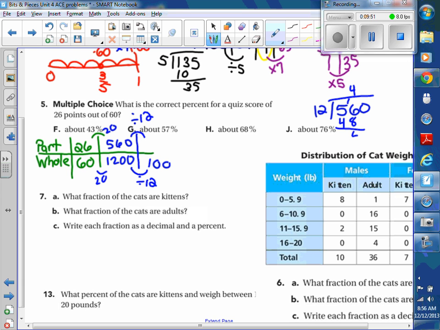And then how many times into 40? 3. And do you need to do more? It's a multiple choice, right? So we could have done some other things right away. So what's something else that could have been done, Megan?